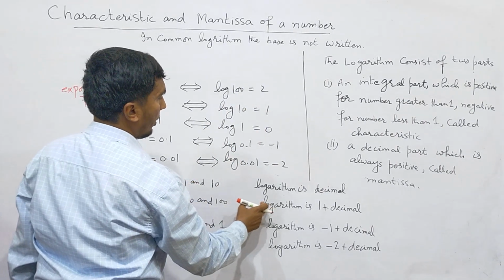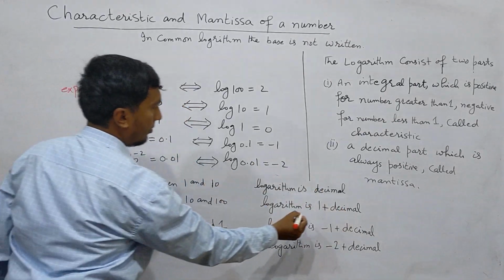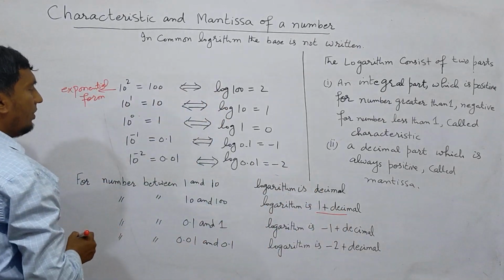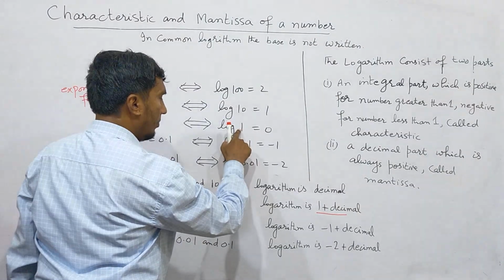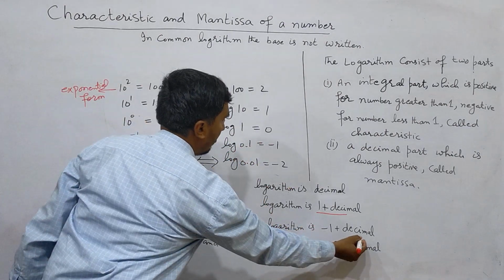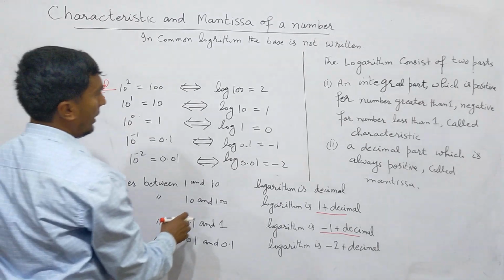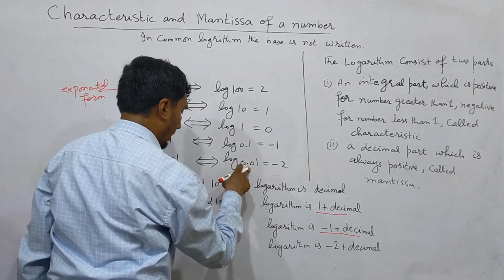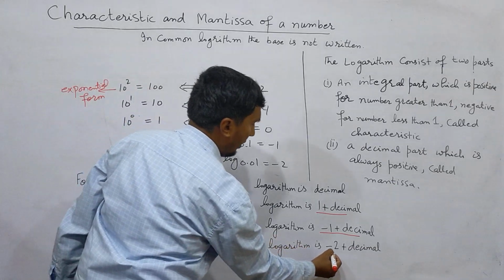That means the logarithm is 1 plus some decimal part. If the number is between 0.1 and 1, then its log will be minus 1 plus some decimal part. It also shows that if the number is between 0.01 and 0.1, then its log will be minus 2 plus some decimal part.